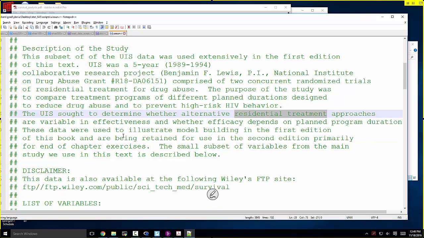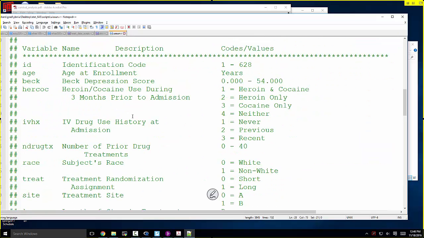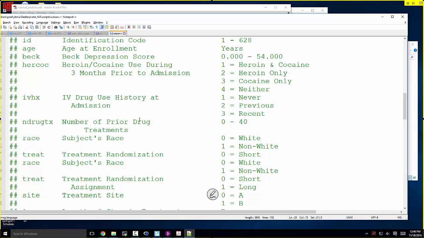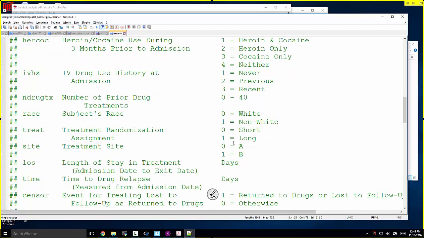In particular, there were 2 treatments that were considered in this study, and they differ by the length of them. One of our variables is treat. It's the randomization assignment type of treatment, and it's either short or long. I don't know what the details are, but like stay for a couple of weeks, or stay for 6 weeks?